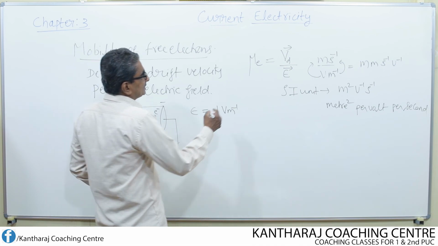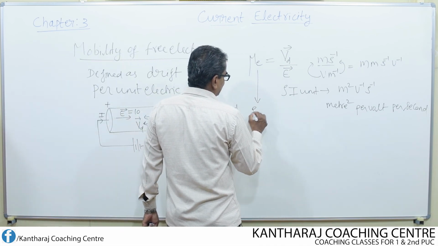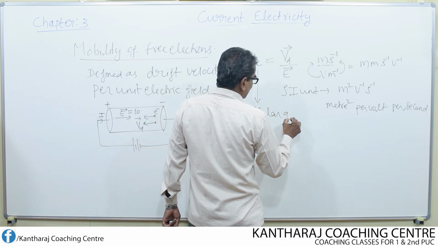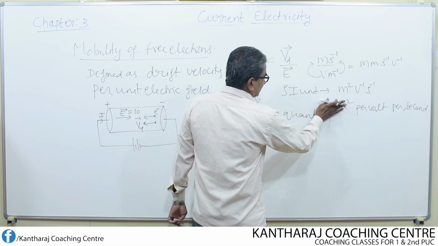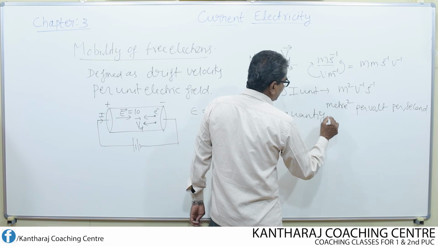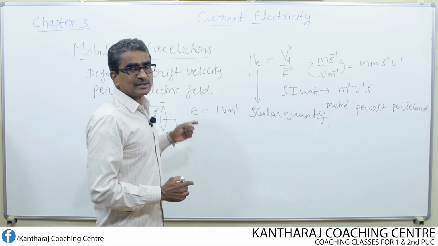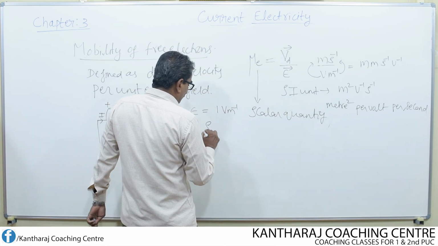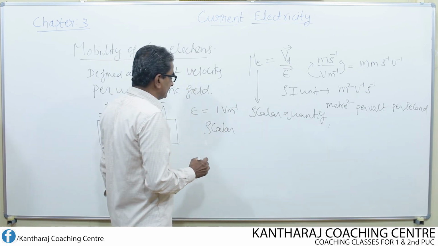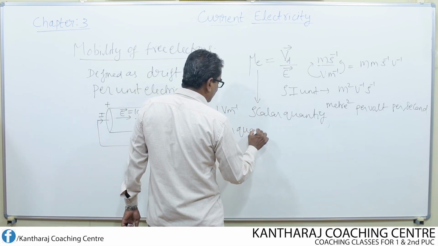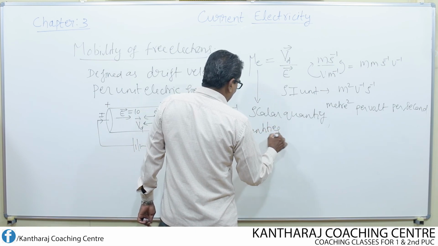And remember, this drift velocity is a vector quantity. We must know in current electricity which are the scalar quantities and which are the vector quantities. Carefully we must understand. Look here. So far we discussed too many terminologies in current electricity. Let us consider the scalar quantities now. What are the scalar quantities?